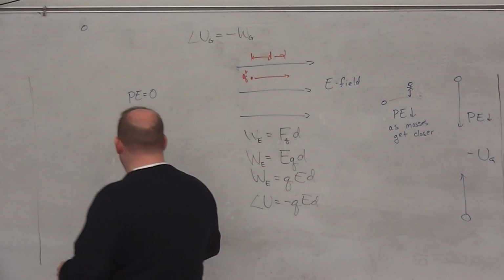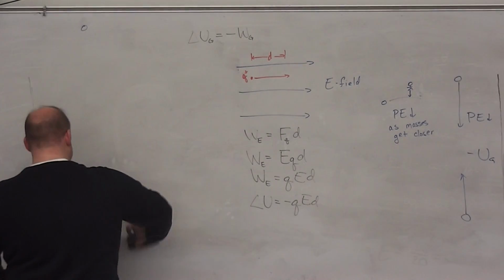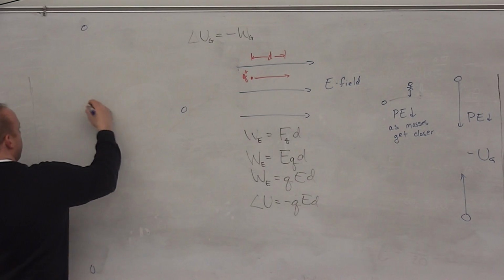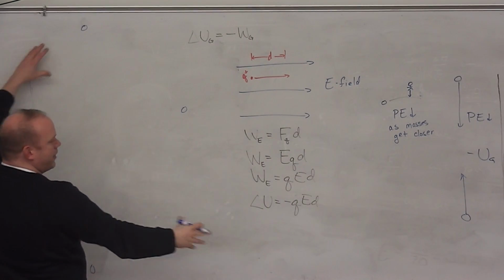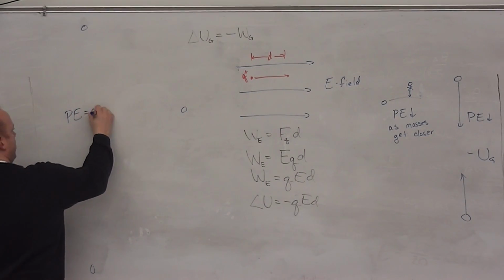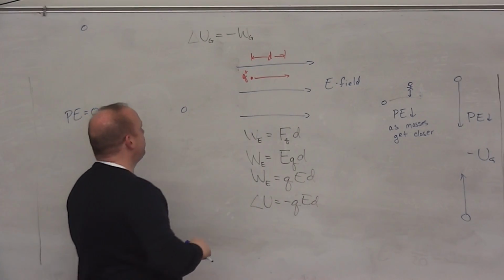So if I start off with them really far away, I'll start off with 3 charges here, and we're going to say that these are infinitely far apart. Obviously, they're not actually infinitely far apart. They're just a good distance away. We say that the potential energy is equal to 0.